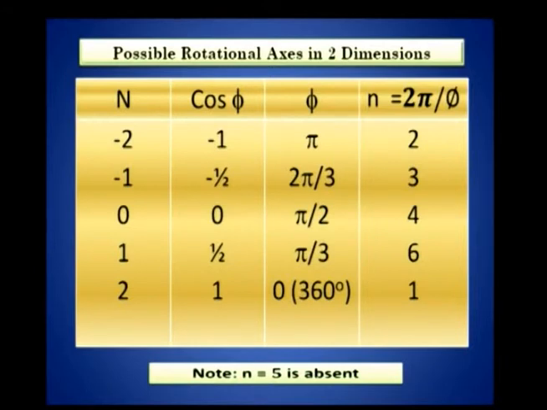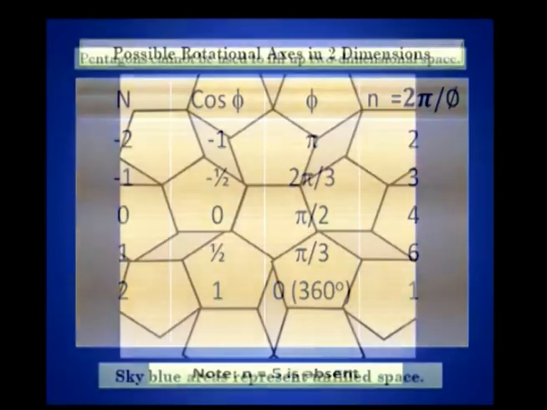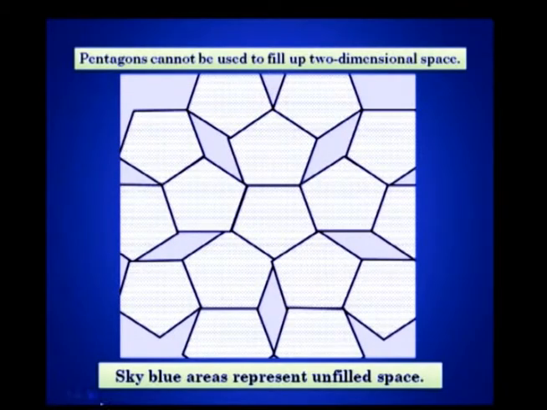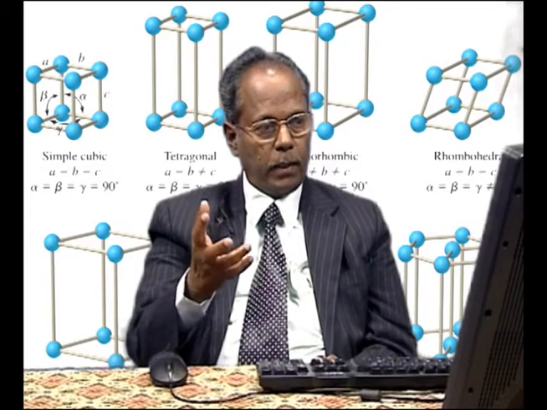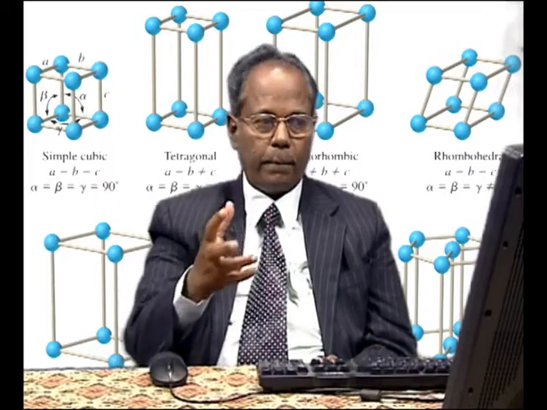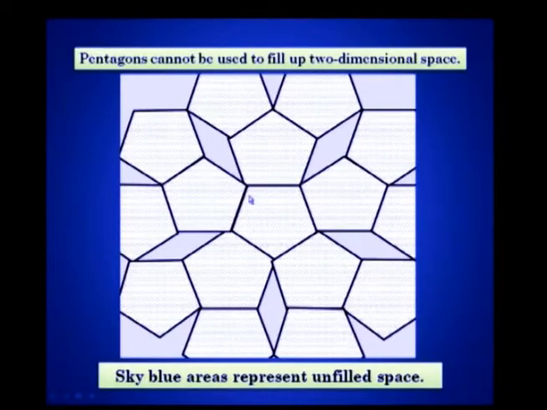What is the meaning of the fact that 5 is absent? It means that pentagons cannot be used to fill up 2 dimensional space, or in other words, by stacking pentagons, you got a pentagon here, right? You got a pentagon here 1, 2, 3, 4, 5, a 5 sided element, pentagon, right?